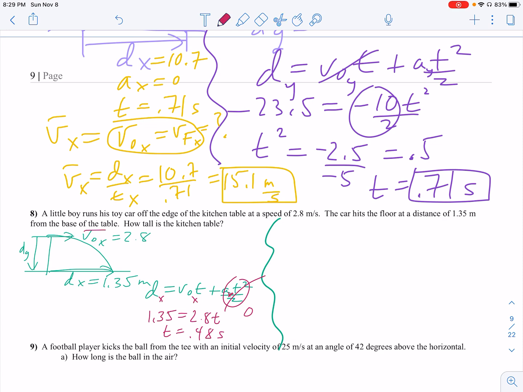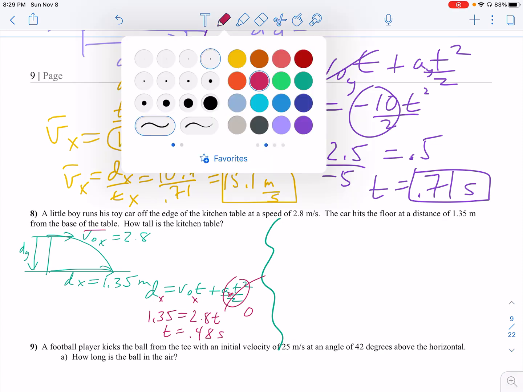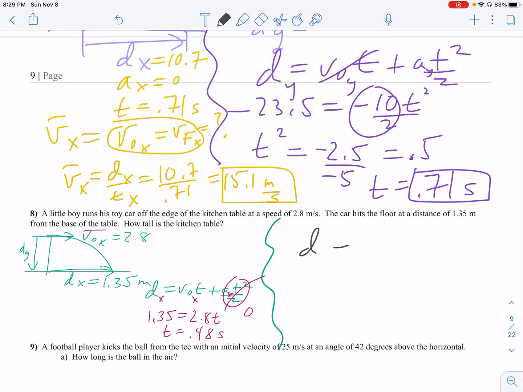Okay, so now this is the same equation. How about that? So d equals VOT plus AT squared over 2. I'm using my y values now.